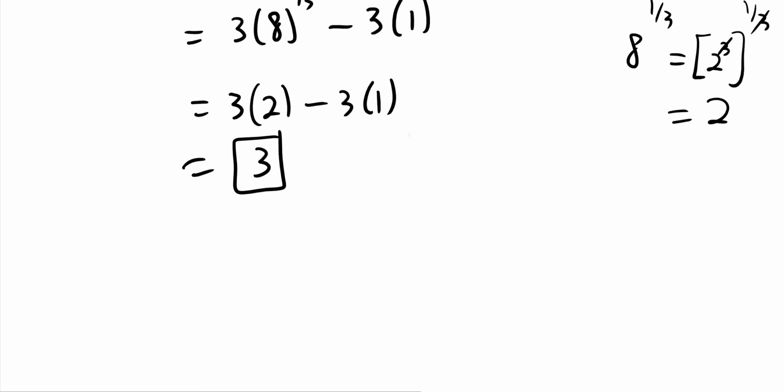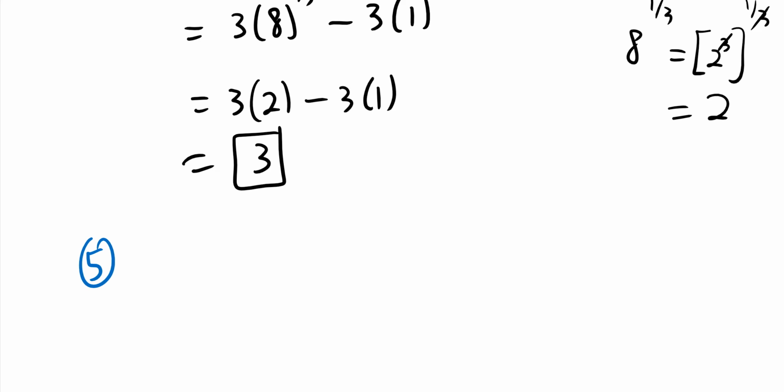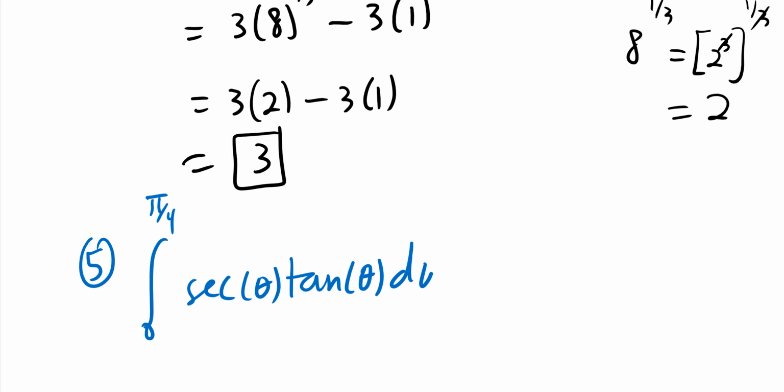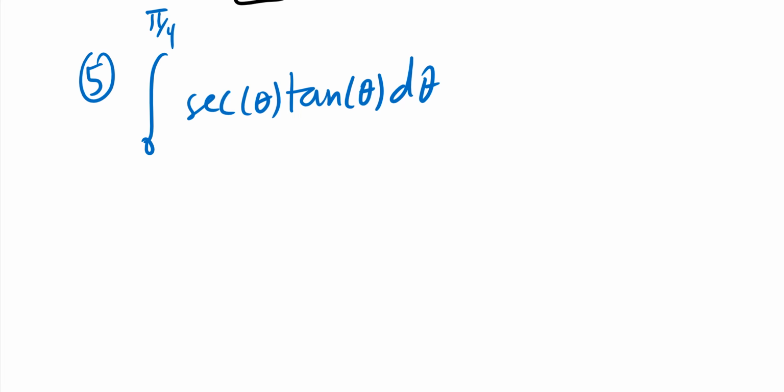Let's look at more examples. The integral from 0 to pi over 4 of secant theta tangent theta. I'm changing the variable to theta instead of x. What do we get here? What's the antiderivative for secant tangent? It's secant. And the question is, how are we going to evaluate this from 0 to pi over 4? We do exactly as we did earlier.